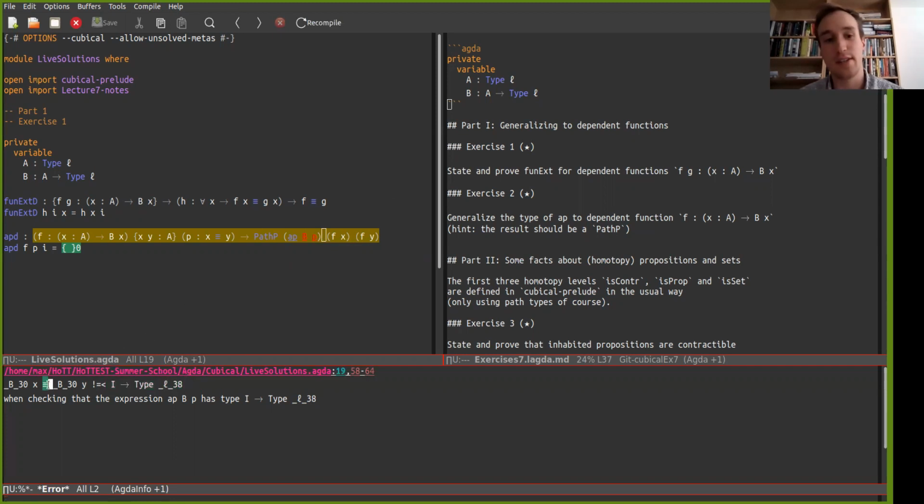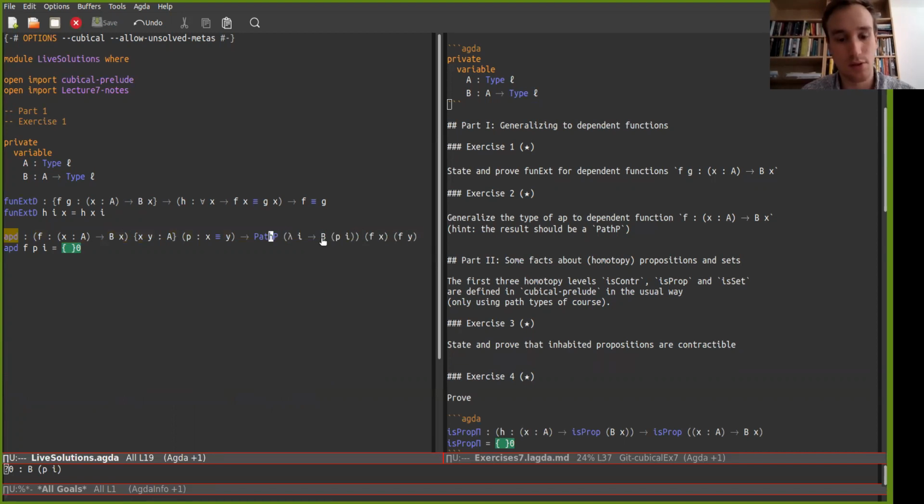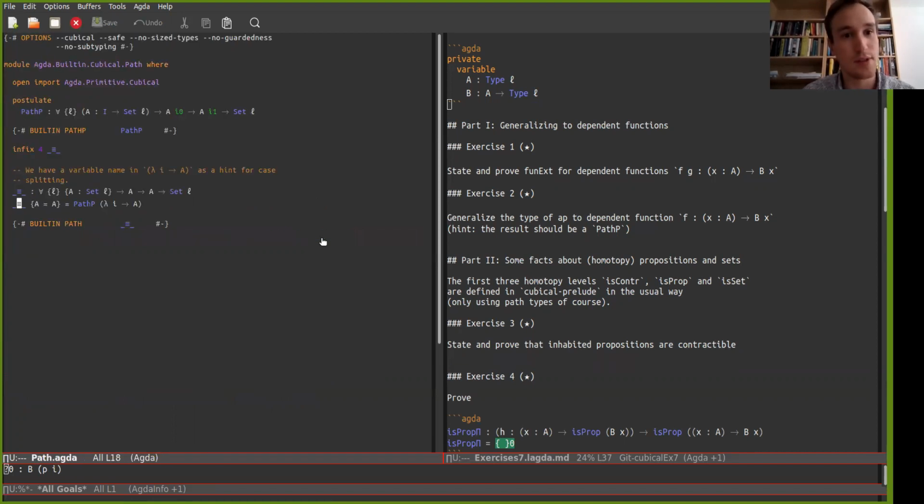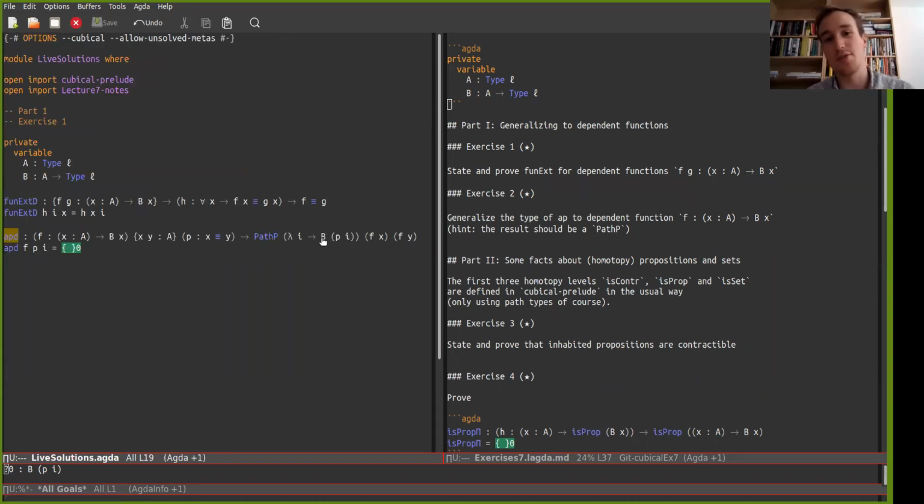This other one is a non-dependent path, and it works similarly, but if we go to the definition, you see that it is actually defined in terms of a path P in Cubical Agda, the path with the constant family A. So path P is more primitive, so we shouldn't use app here.